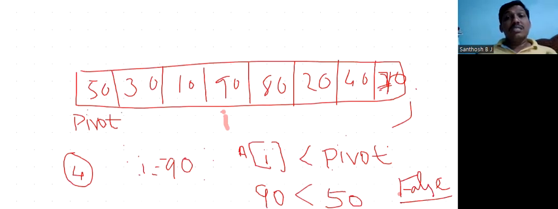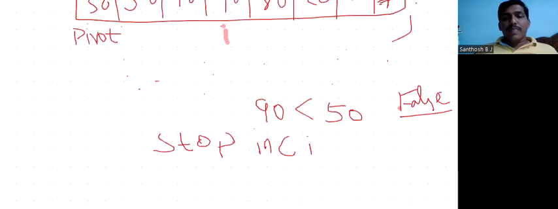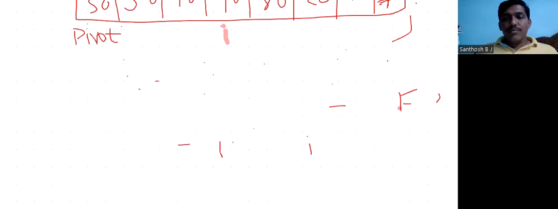Now we check the J value. Consider this another, fifth step. I will move on to the fifth step. Because I stopped incrementing and stopped the condition checking in I, we move on to the J value.